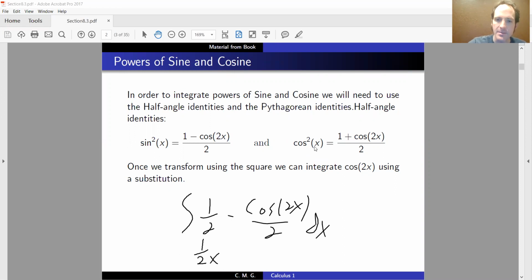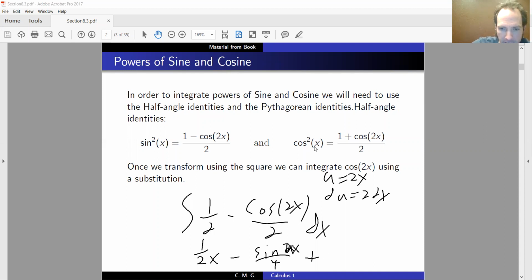And then I do a u substitution where u is 2x, and du is just 2 dx. What I end up getting is a minus sine of u over 4, which is really sine of 2x over 4, and then plus a C.